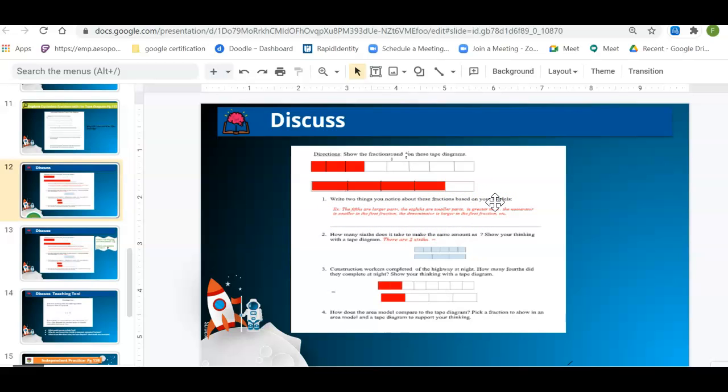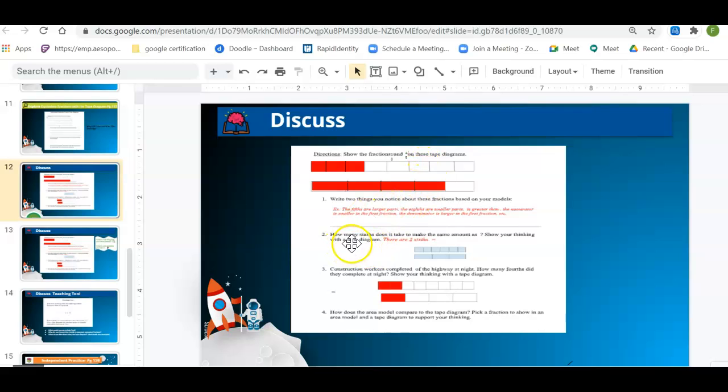One thing that you could say is that the bottom one is showing fifths, it represents larger parts. The eighths up here represent smaller parts. And the 4/5 has more shaded in area, so it's bigger than the 3/8 here.